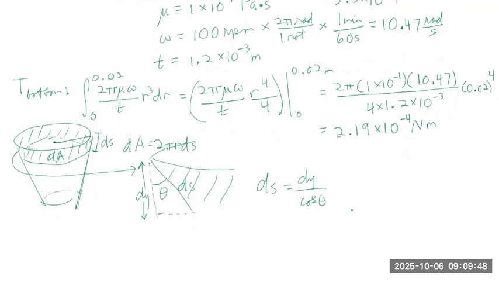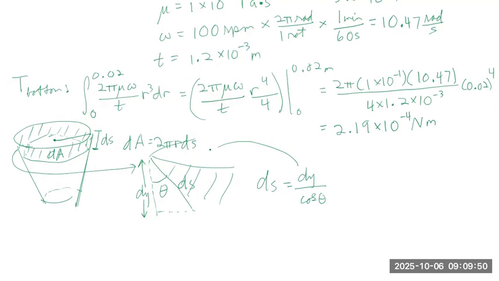So thus dA, plugging this in for ds, is equal to 2 pi r dy over cosine theta. And we can also, in turn, find another expression for cosine theta by considering the overall structure of the frustum.